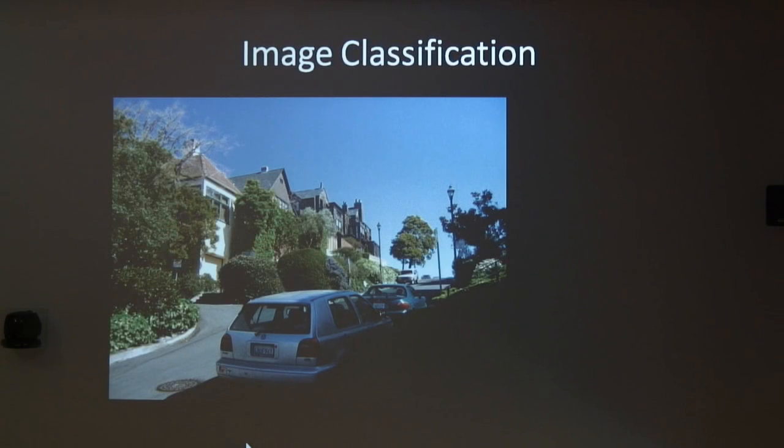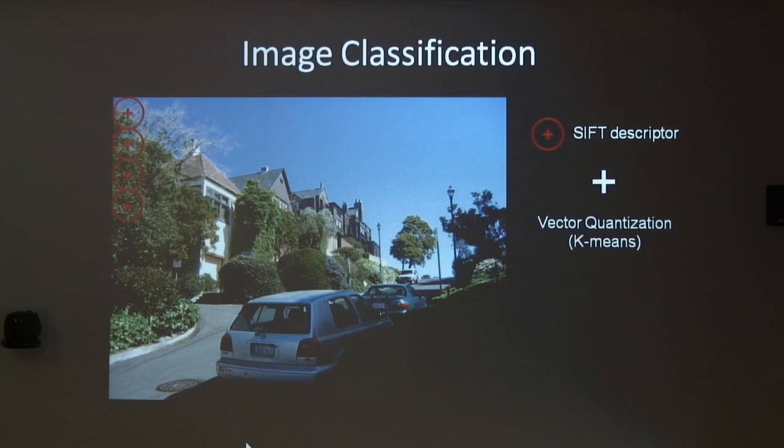So an example is image classification, really, but in this example I'm just going back to the text case. I transformed this image into a bunch of words, quote unquote, by taking SIFT descriptors, which is standard in vision, doing vector quantization to get a bunch of visual words, and then describing the image as the binary vector of words that it contains, or the vector of counts of words that it contains.